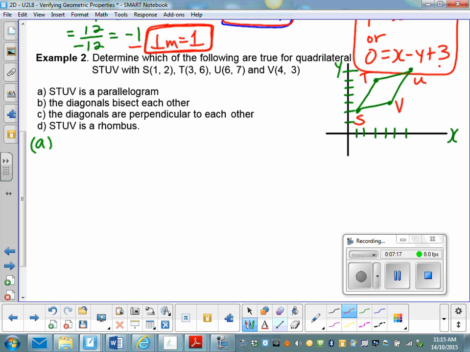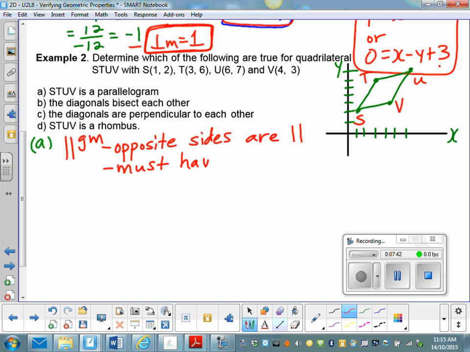So if that's a parallelogram, that means that opposite sides are parallel. If opposite sides are parallel, they must have the same slope. So there's my plan. That's what I need to work with at the beginning.